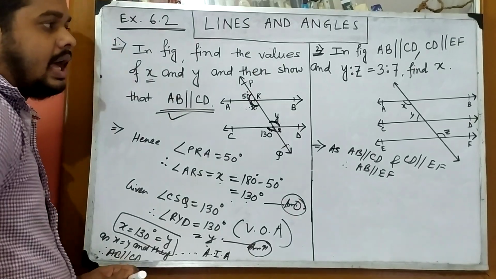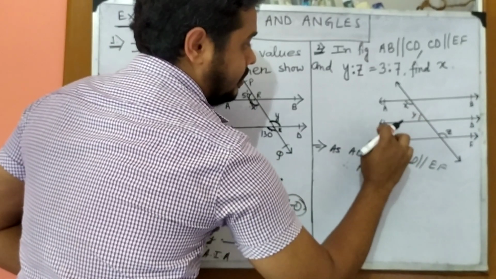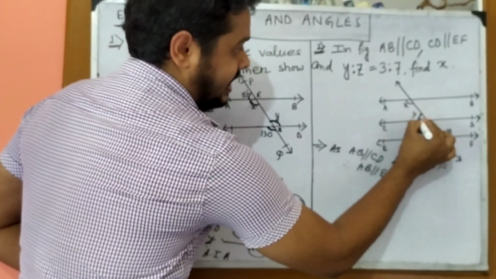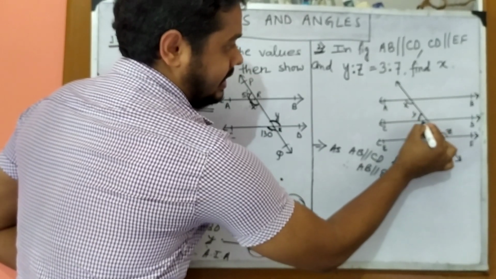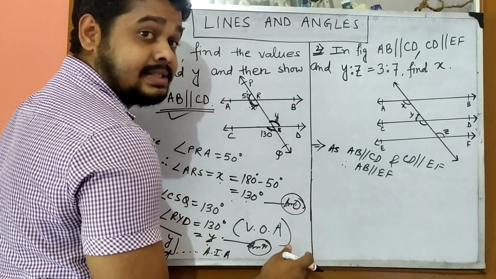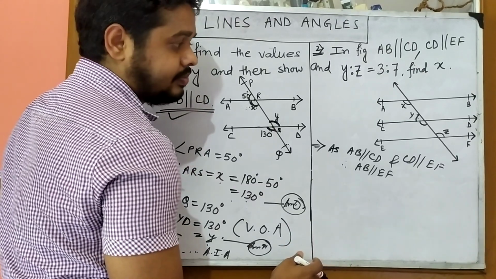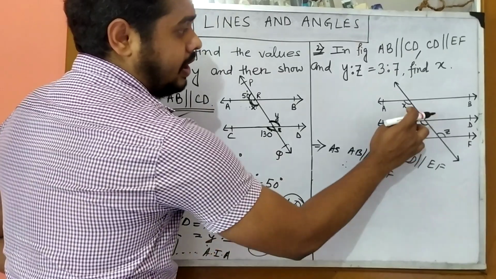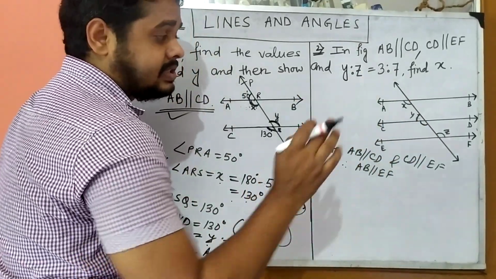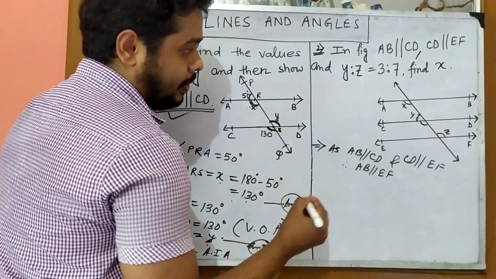Clear? Now see, for CD and EF, if this angle is y, then that angle will be 180 minus y. Why? Because the sum of these two angles is 180 degrees by angle sum property.